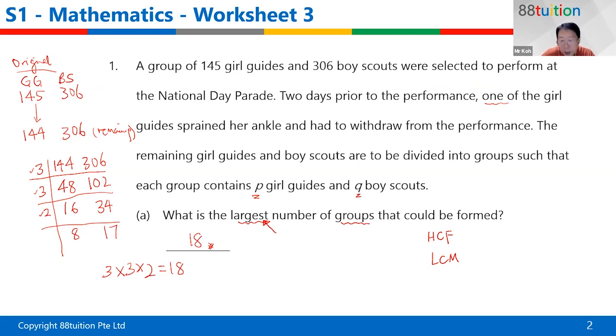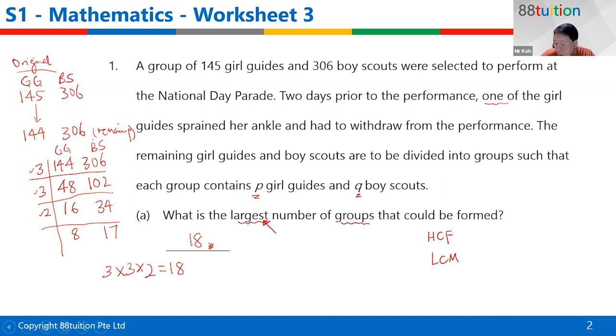Yes, great. So this is the first part. Let's move on to the second part. Bearing in mind the first part, 8 and 17, maybe quickly I put on top, this is a GG, Girl Guide, and this is a BS.